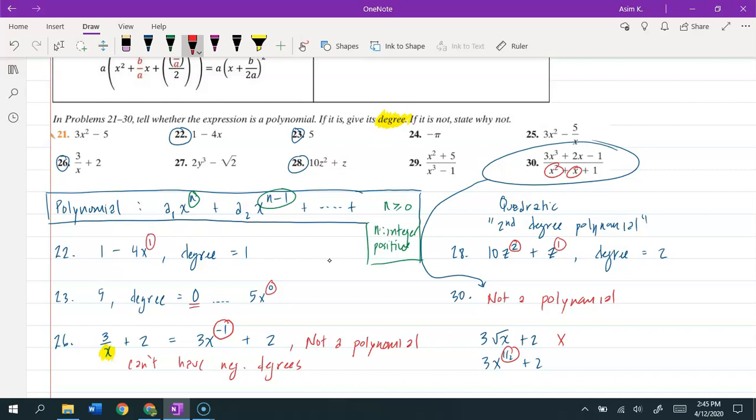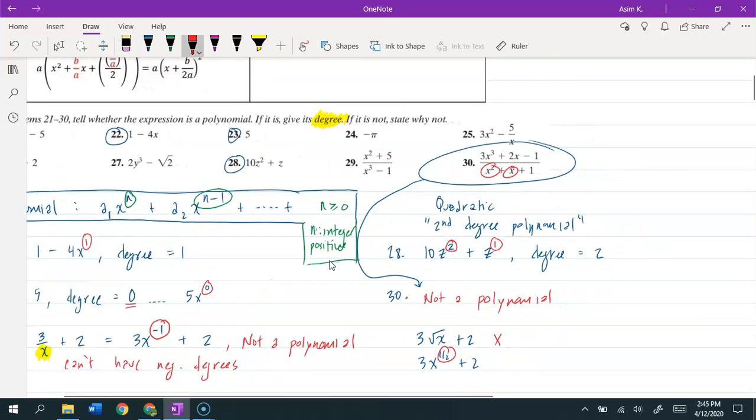An integer is any number that's negative or positive, so -2, -1, 0, 1, and 2. When I'm saying that they need to be positive integers or 0, that means they can only be those whole numbers. So this is a scenario where it would not be a polynomial.